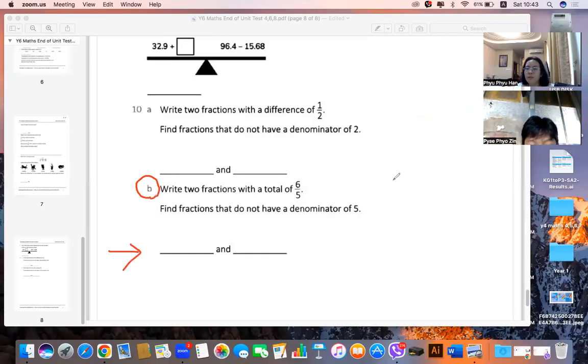Based on the method that I just used, my calculation is different, but now it is the total. So you need to add the 2 fractions to get 6.5, and you need to find that they do not have a denominator of 5.